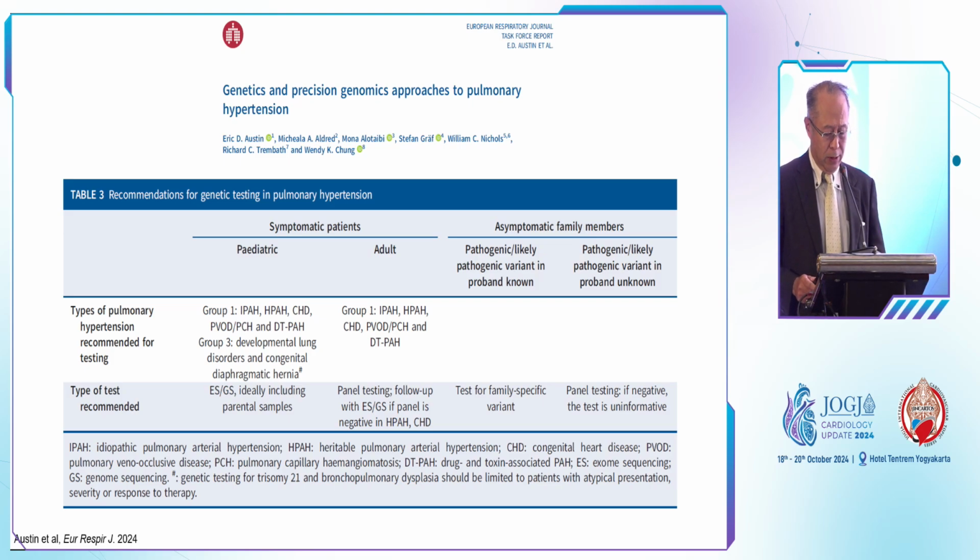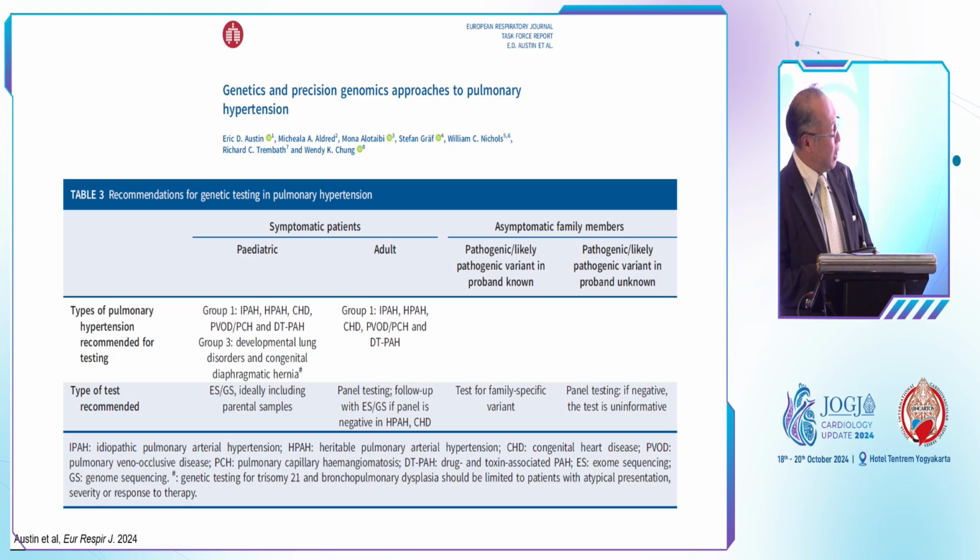Then, who should get those genetic investigations? In the case of adults: idiopathic PH, hereditary PH, congenital heart disease or PVOD, this is pulmonary veno-occlusive disease, or drug or toxin-induced PAH.